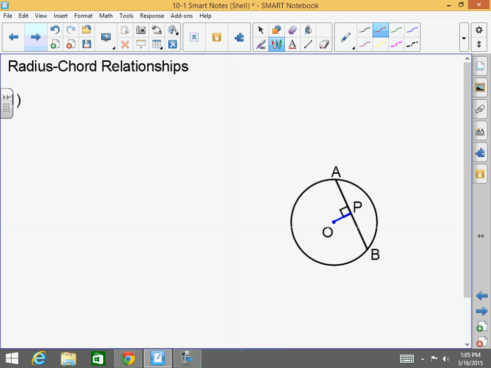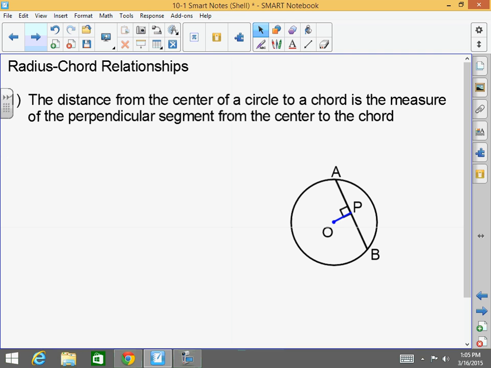Radius-chord relationships. All right. The distance from the center of a circle to a chord is the measure of the perpendicular segment from the center to the chord. What did I just say? If I have this chord AB, from the center, if I drop down an altitude and stop at that chord, I create a perpendicular angle.